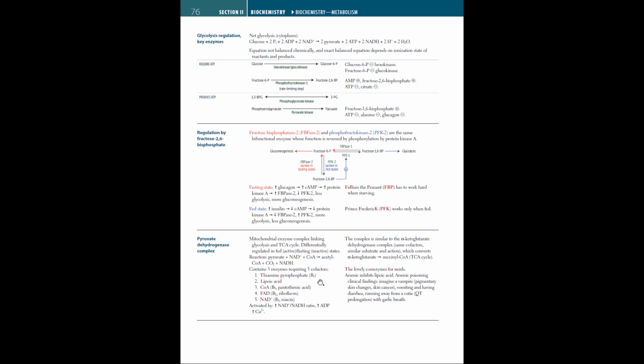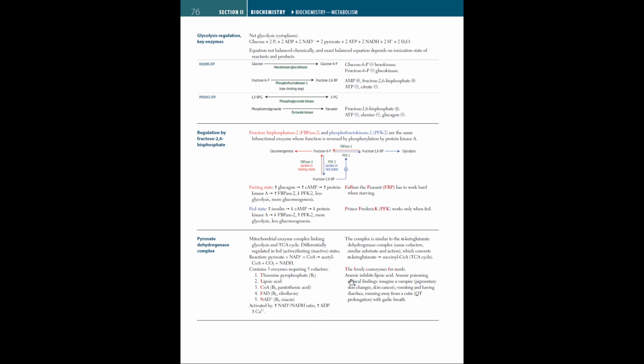The 5 cofactors are thiamine pyrophosphate, or vitamin B1; lipoic acid; CoA, or vitamin B5, pantothenic acid; FAD, vitamin B2, riboflavin; and NAD, B3, niacin. It is activated by an increased NAD to NADH ratio, increased ADP, and increased calcium.